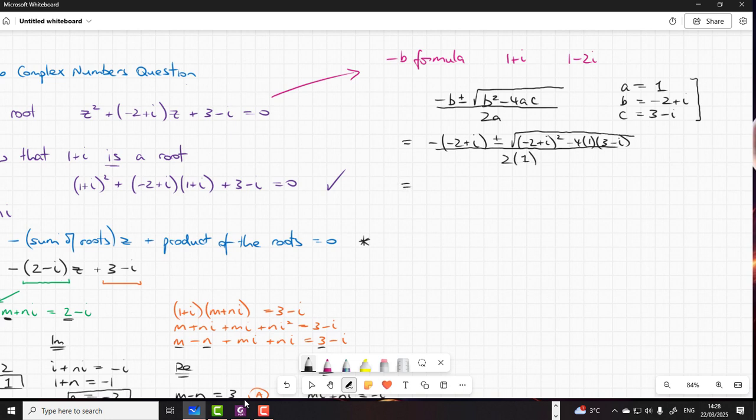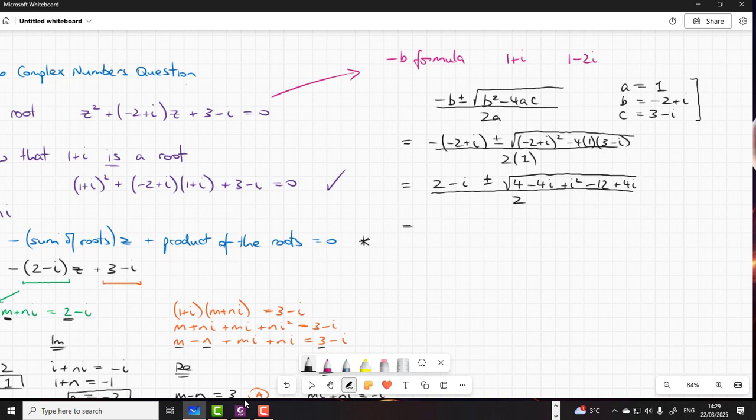Now tidy it up, so it's minus minus 2, which is 2 minus i, plus or minus the square root of, now square in a bracket, we're going to square the first, 4, square the last, which is plus i squared, and then twice the product, which is minus 4i. And then we have minus 4 by 1 by 3, which is minus 12, and we have minus 4 by 1 by minus i, which is plus 4i. That's all over 2 by 1, which is just 2.